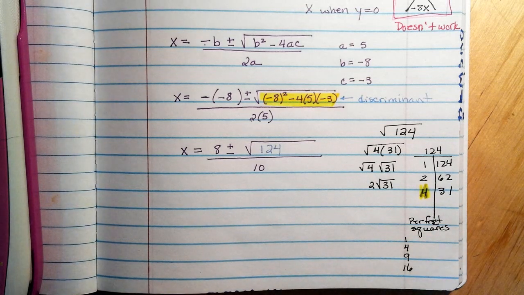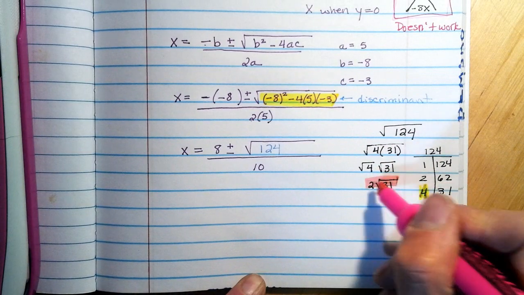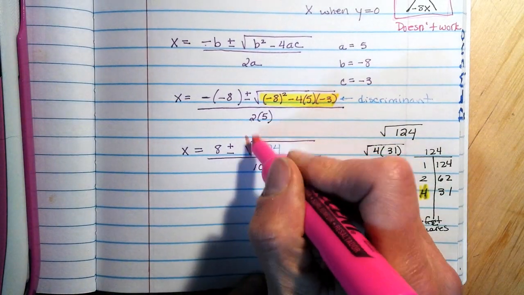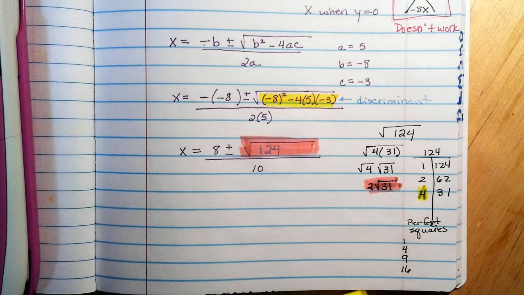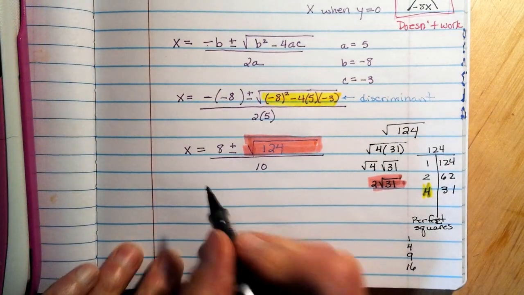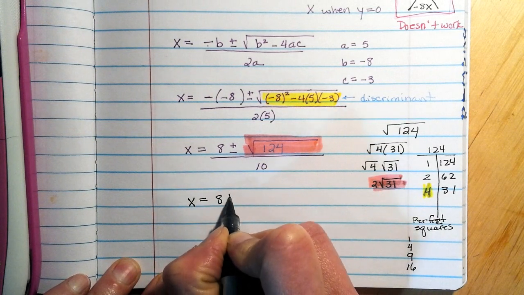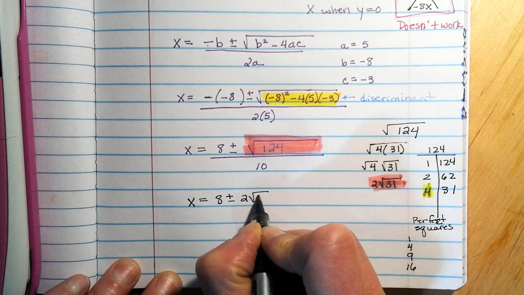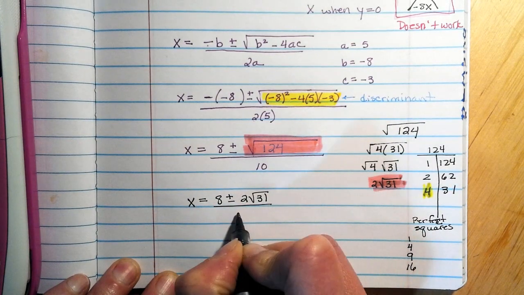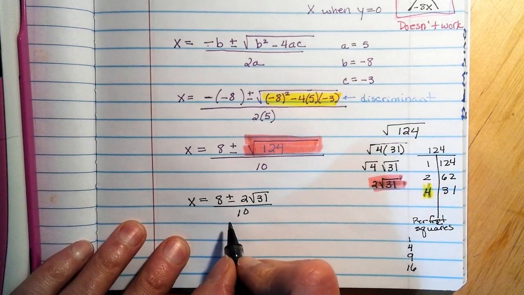So what I've just done here, this number here is the exact same number as all of this. They are equal. That means I have x is equal to 8 plus or minus 2 square root of 31, all over 10. That can be simplified.